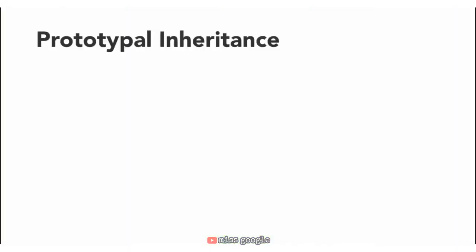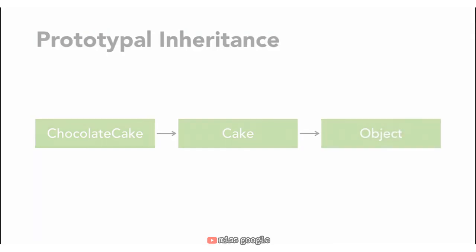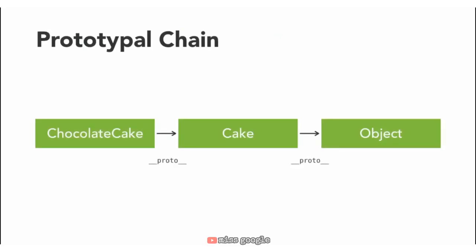The way JavaScript works is different from most other popular languages. It uses a model called prototypal inheritance, where every object has a link to a parent object from which it inherited some data and functions, and that parent has the same link to its parent, and so on. These links are called __proto__ internally and comprise what's called the prototype chain.